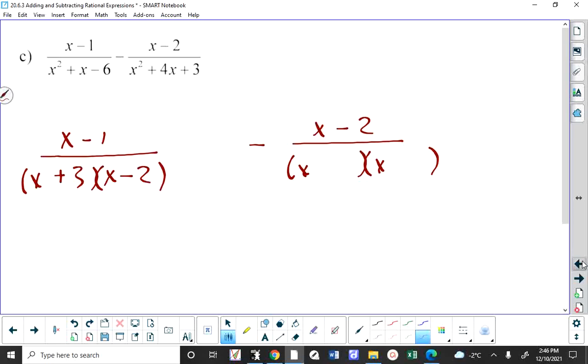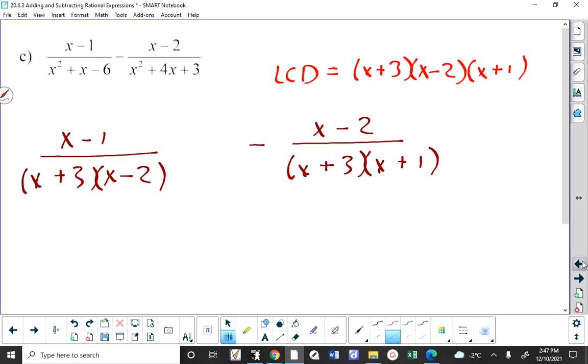That works. Two numbers that multiply to give 3 and add to give 4. That works. I would say that you should, within about 5 seconds looking at this, know that the common denominator is x plus 3, x minus 2, x plus 1.